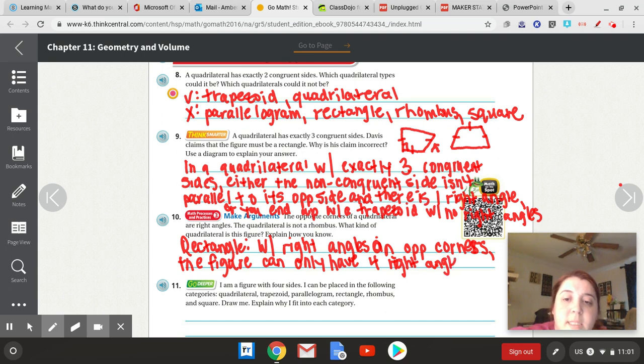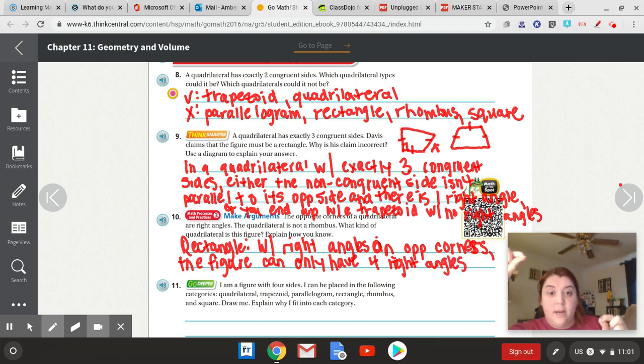So that means because 2 of them are already right angles, because it tells us there's 2, the other 2 have to be right angles. So you already know from that clue that there are going to be 4 right angles in that shape.